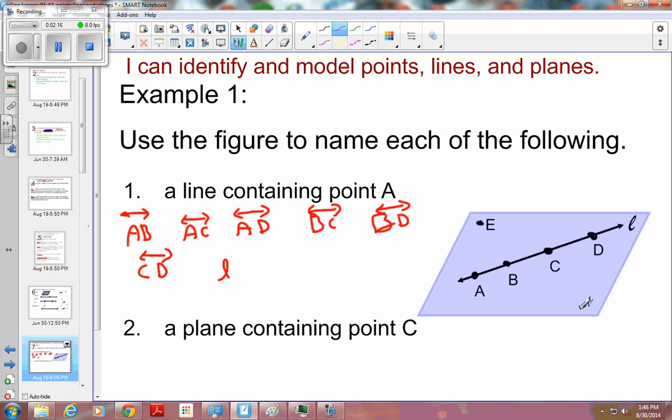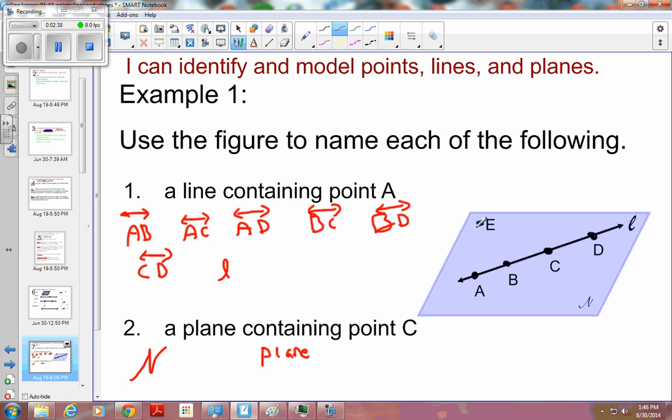Well, the plane can be named by the scripted N, or the plane can be named by listing 3 different letters that are on the plane. So I can say plane, and they have to be 3 letters that are not in a line, not collinear in a line.